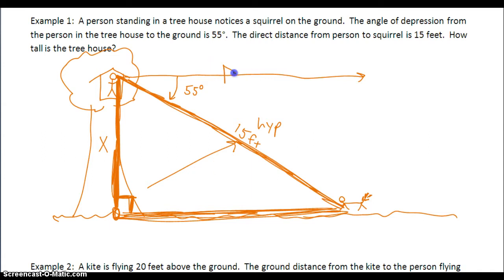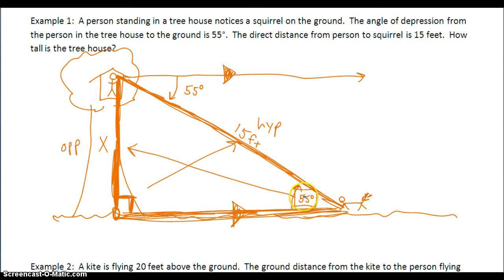Well, if you remember, my angle of depression and my angle of elevation will be congruent to each other because they're alternate interior angles. So this angle will also be 55 degrees. And since I know that this angle is 55 degrees, x is going to be opposite that angle.